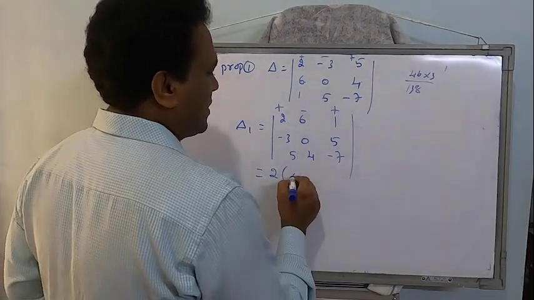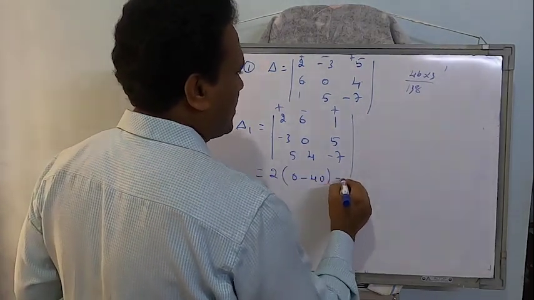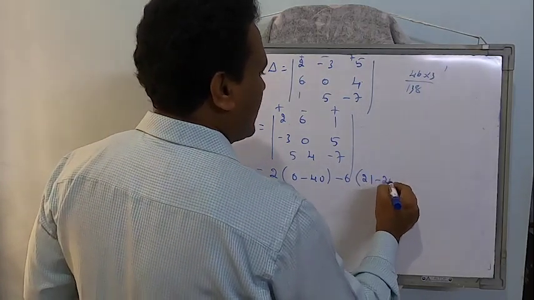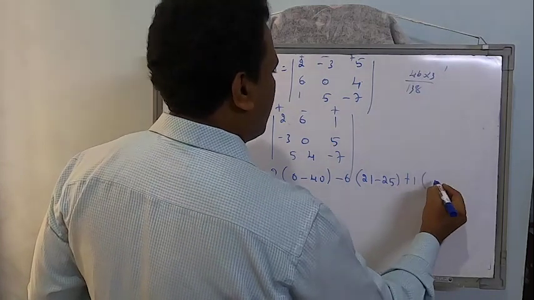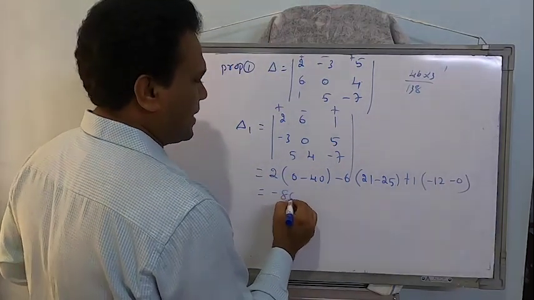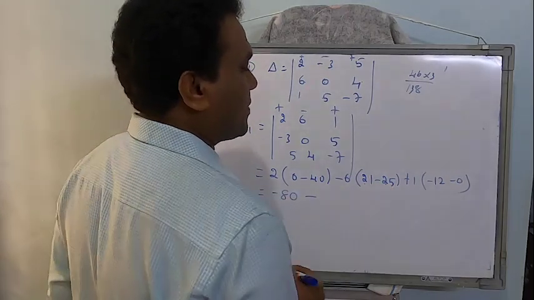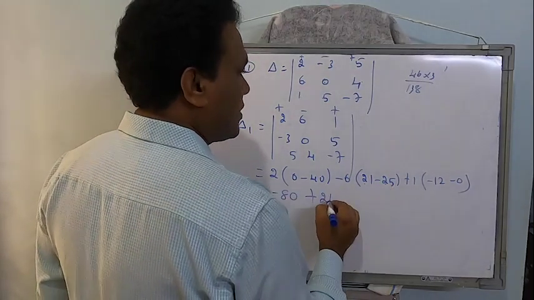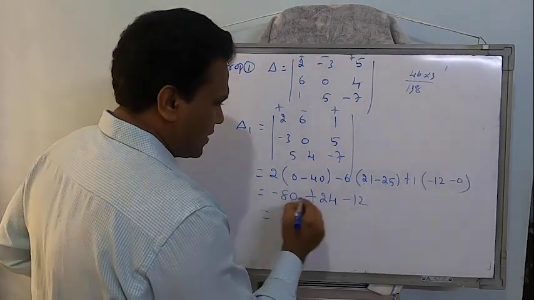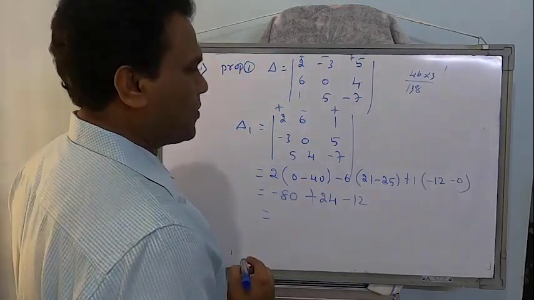2 multiplied by 0 minus 40, minus 6 multiplied by 21 minus 25, plus 1 multiplied by minus 12 minus 0. So this is going to be minus 80. So how much will this be? Minus 4, and that's going to be plus 24 minus 12. Got it? So if I just add up these two, that's going to be how much?